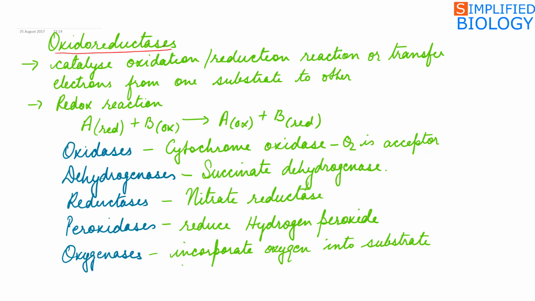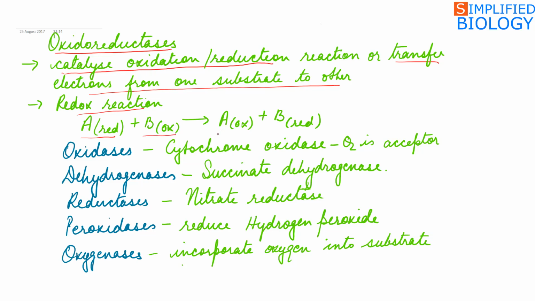Oxidoreductases. Now these enzymes catalyze oxidation reduction reaction, or you can say they transfer electrons from one substrate to the other. They are referred as redox reactions, where a reduced substrate reacts with an oxidized substrate.